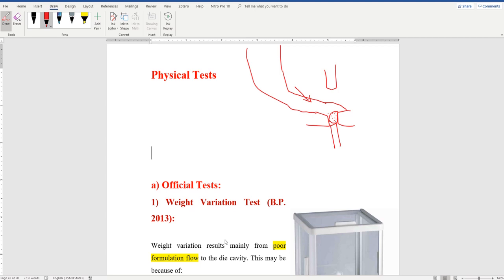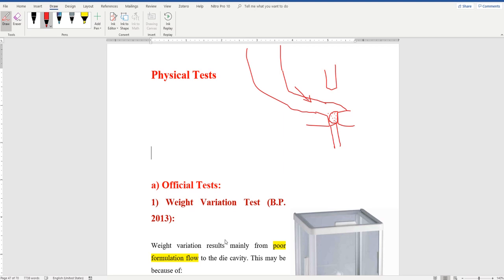When you do drying, now, if you don't reach the end point of drying, when I say the end point, it doesn't mean that there will be zero moisture content in the granules. No. But there is a certain percentage that should be left. Moisture in the granules should be there.